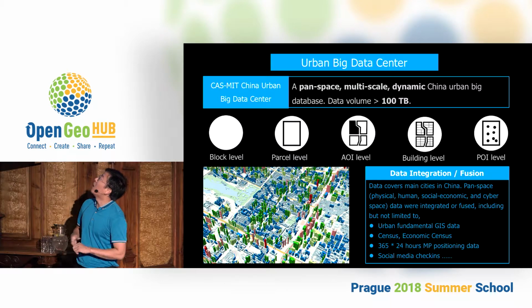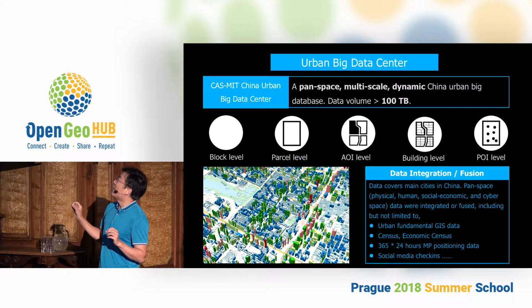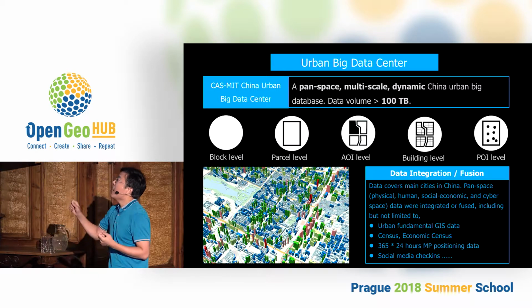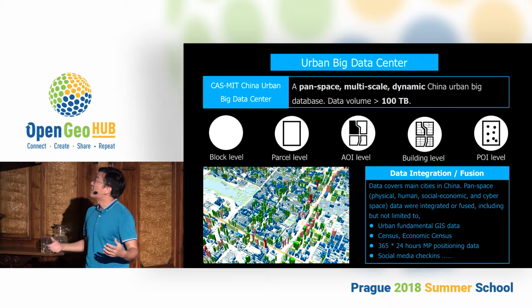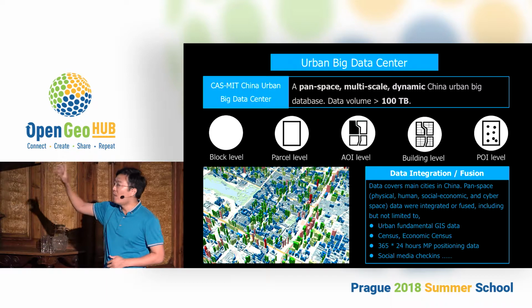The data cover the pan space. This kind of pan-space data was integrated and fused. For example, for each parcel, we may have the information of urban fundamental GIS data and the sensors, economic sensors, and the human behavior data.